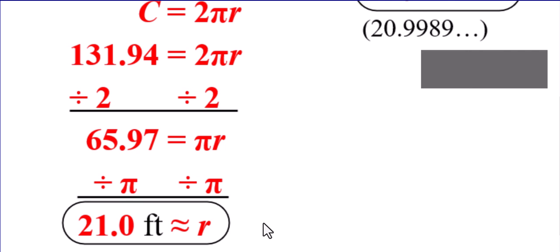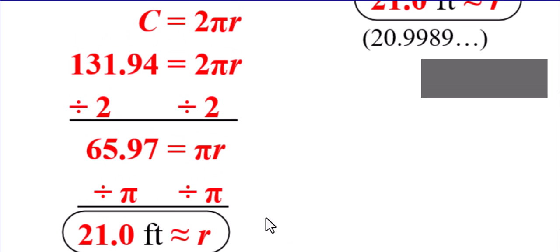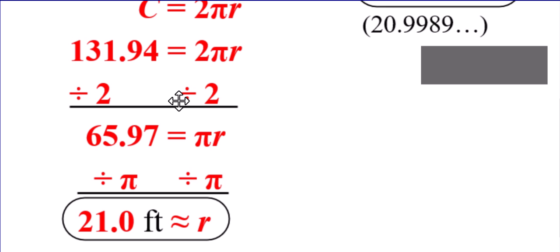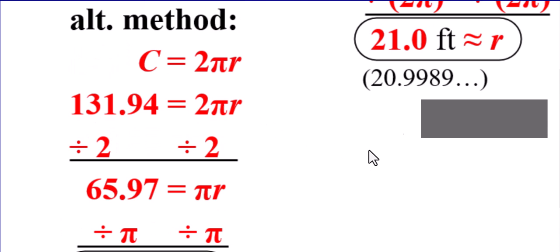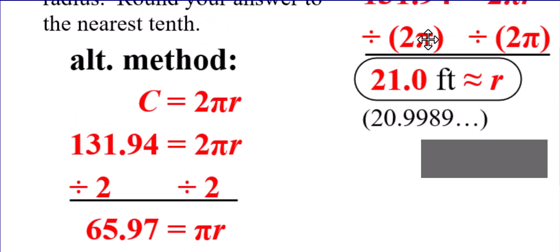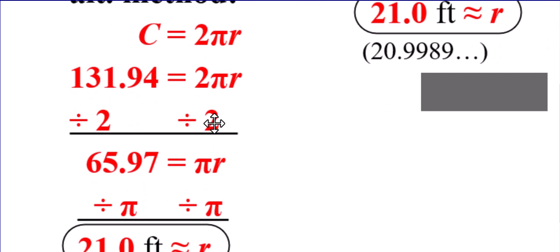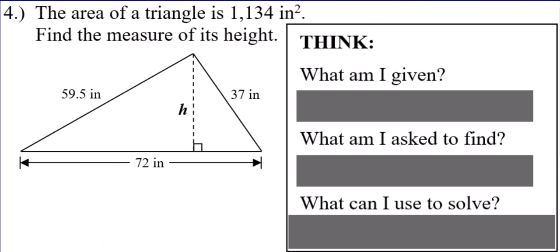I don't recommend doing it that way, because it's more writing. I'd rather just divide by 2 pi all in one shot, but then you have to use parentheses. So if you really don't like using parentheses, then maybe this method is better for you. That's up to you. You don't have to write it down unless you really like doing it that way. Then feel free to hit pause and write it down. But I'm going to go ahead and move on and do one more problem with you.